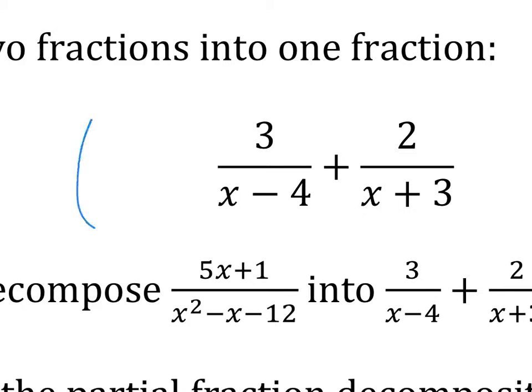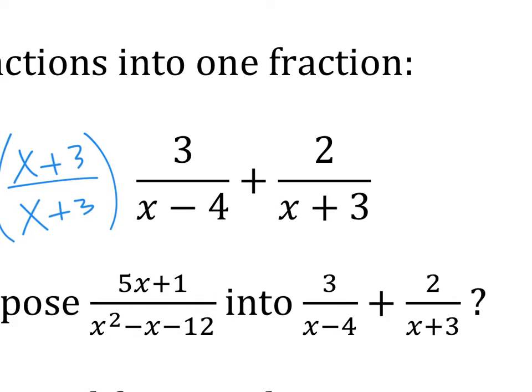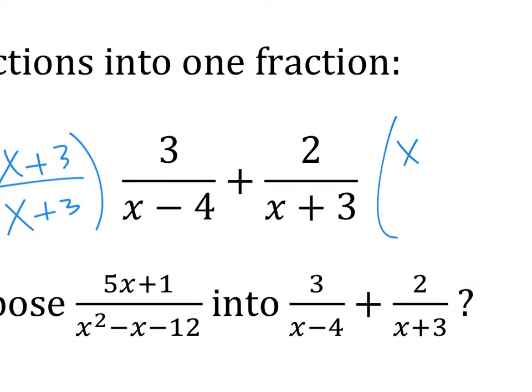So we need to multiply the one on the left by x plus 3 over x plus 3, and the one on the right by x minus 4 over x minus 4. So we need to combine them into one big fraction. You guys still remember this? You have to, because this is just basic Algebra 2 skills that you're going to use forever.